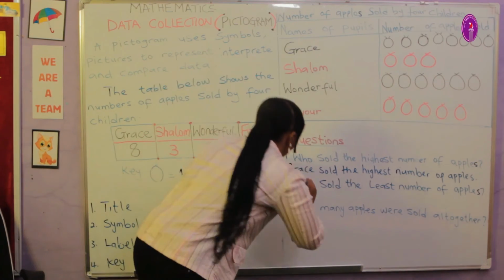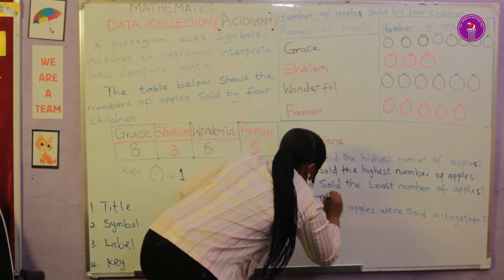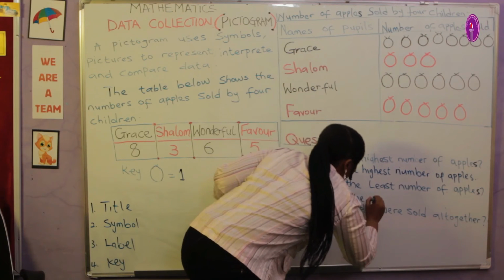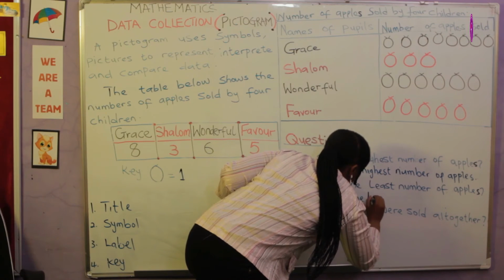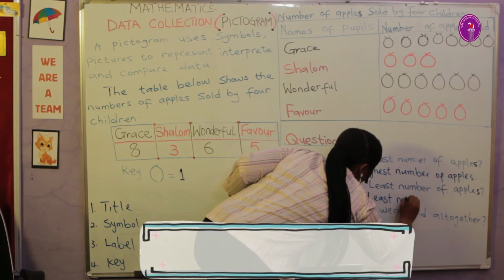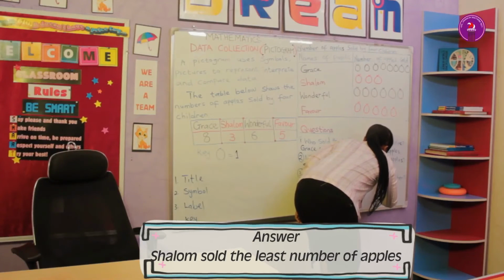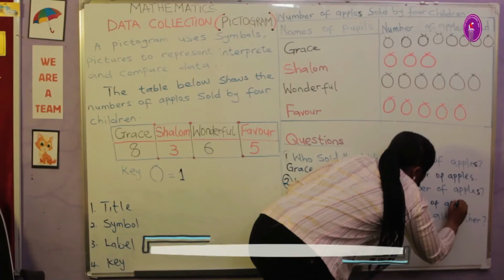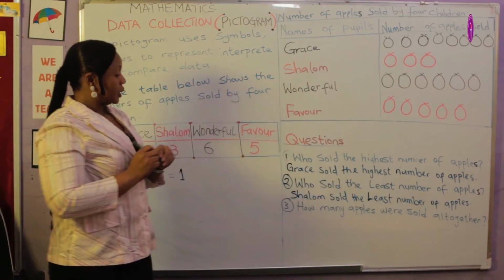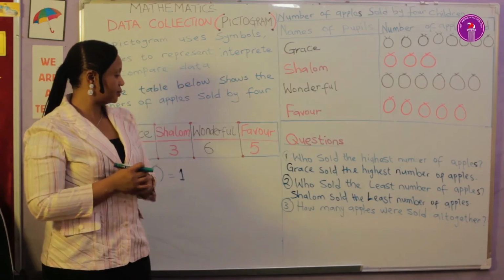So we write, Shalom sold the least number of apples.